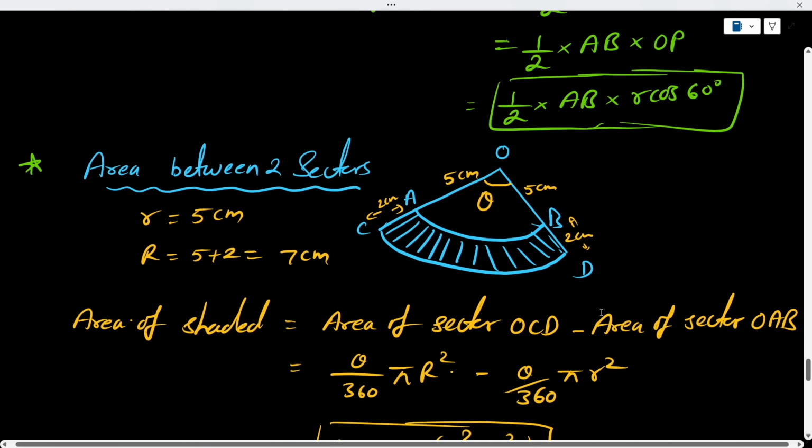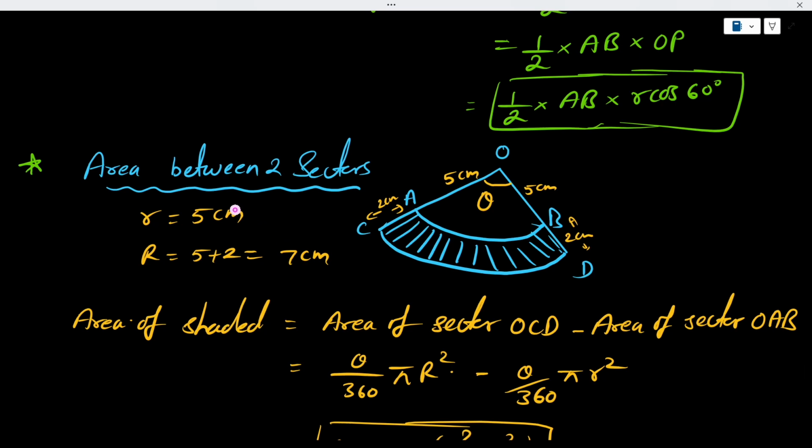Now sometimes you get this kind of question where it is the area between two sectors. This is one sector which is subtending angle theta, having radius 5. Now what is the other sector here? OCD. OA is 5 centimeter, and it is extended by 2. So the radius of the outer sector OC is going to be 5 plus 2, which is 7 centimeter.